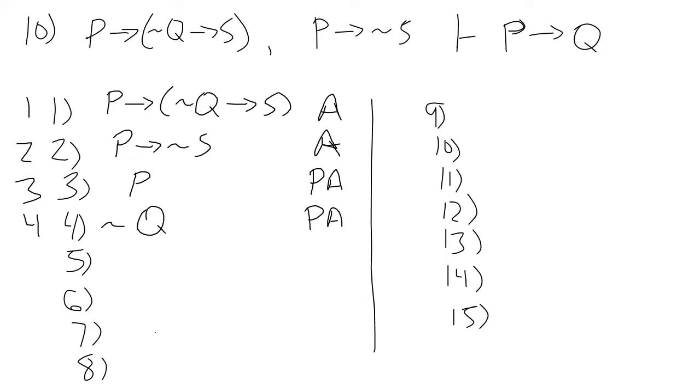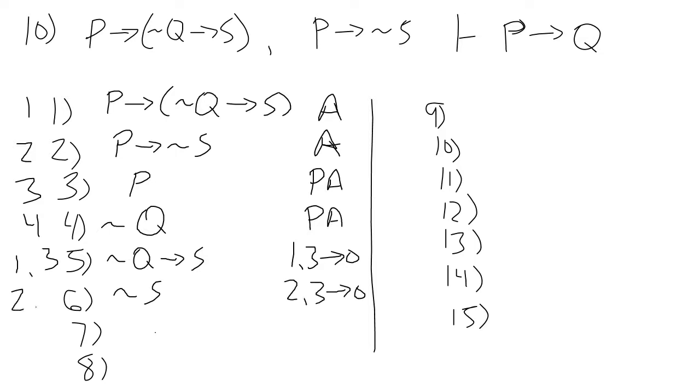Well, based on what we've got, we can toss the P into 1 and 2. So if we toss the P into 1, we get tilde Q, arrow S. So that's going to be 1 and 3, arrow out, 1 and 3. Then we can toss the same P into line 2 to get tilde S. So that's going to be 2 and 3, arrow out, 2 and 3.